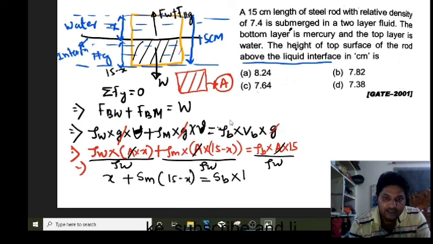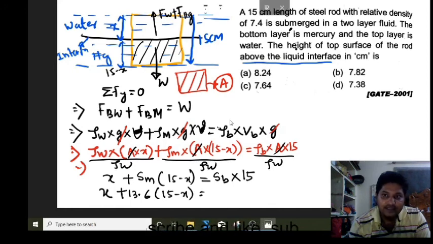Now to find x: x plus 13.6 into 15 minus x equals 7.4 into 15.